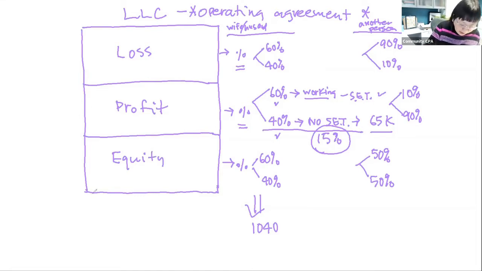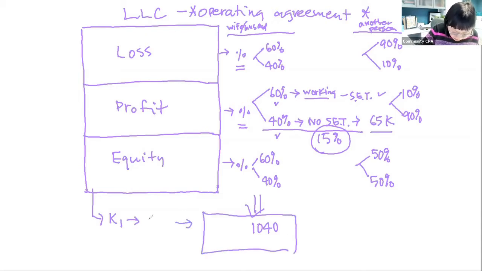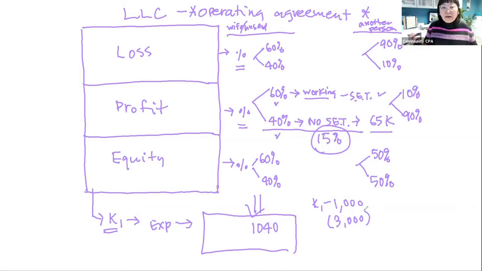You can take your K1, because LLC will give you the K1, right? You take your K1, you go to your 1040. You can file your expenses in the 1040 against your K1 income. Let's say this LLC gives you $1,000 K1 income, and in your 1040, you can reduce that by your expense. Maybe your expense is $3,000 because you have your cell phone expense and other expenses that your partner doesn't allow you to put in.